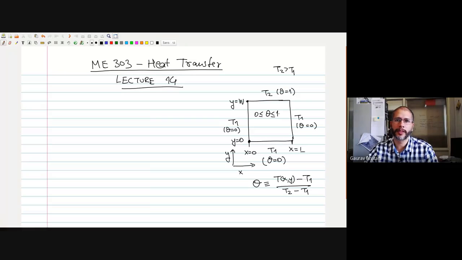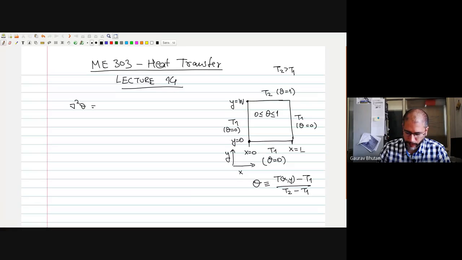We have normalized the coordinate, and the equation we started with was again our 2D heat conduction problem. That became the Laplacian of theta equal to 0, or del 2 theta by del x2 plus del 2 theta by del y2 equal to 0.